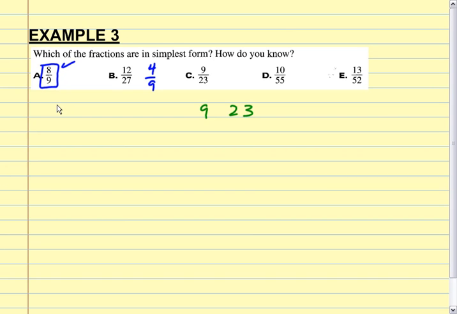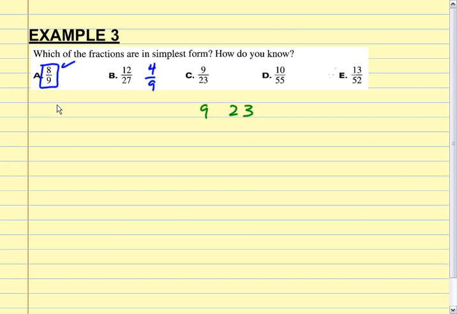No. 3 does not go into them either. How about 5? We only have to check prime numbers, right? Does 5 go into both of them? Zachary? No? They're both prime numbers. Wait, no, they're not. They're not both prime numbers.